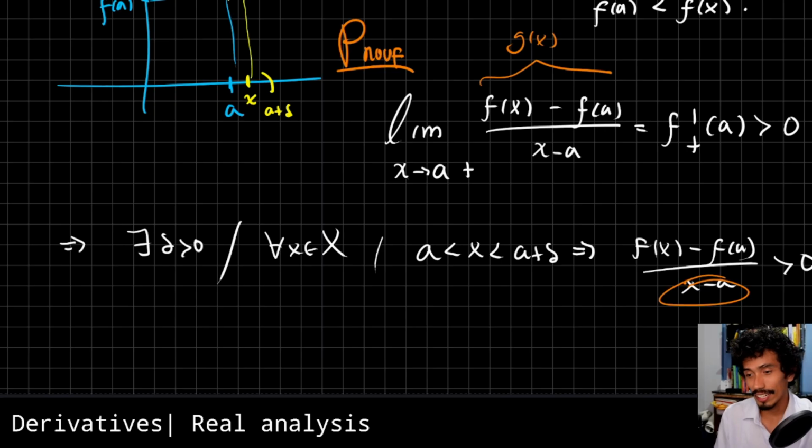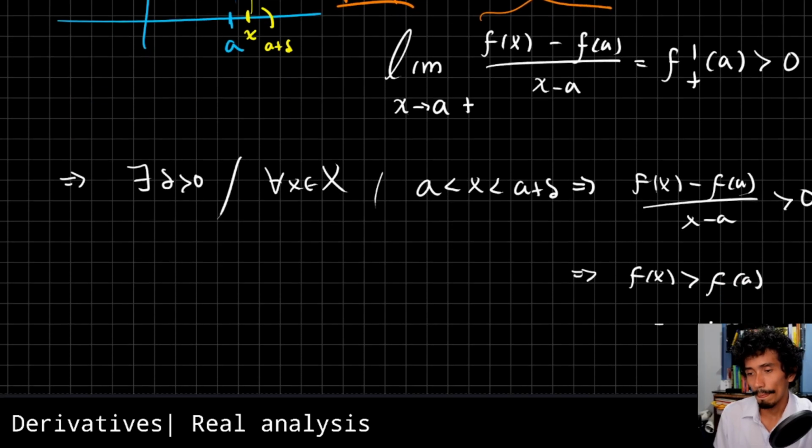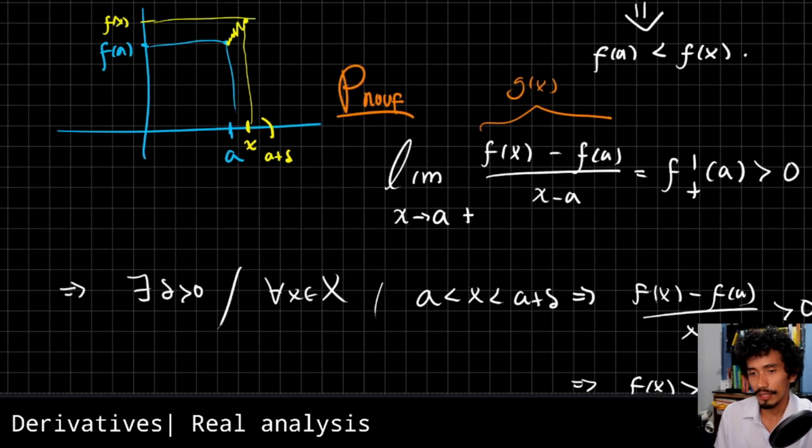And if it is negative and this whole thing is positive, then this difference is positive. So this means that it is bigger than, and this is exactly what we wanted to prove.